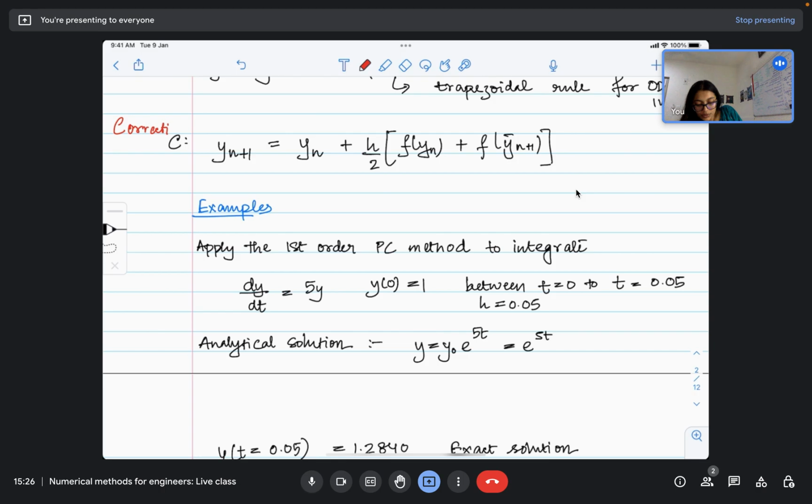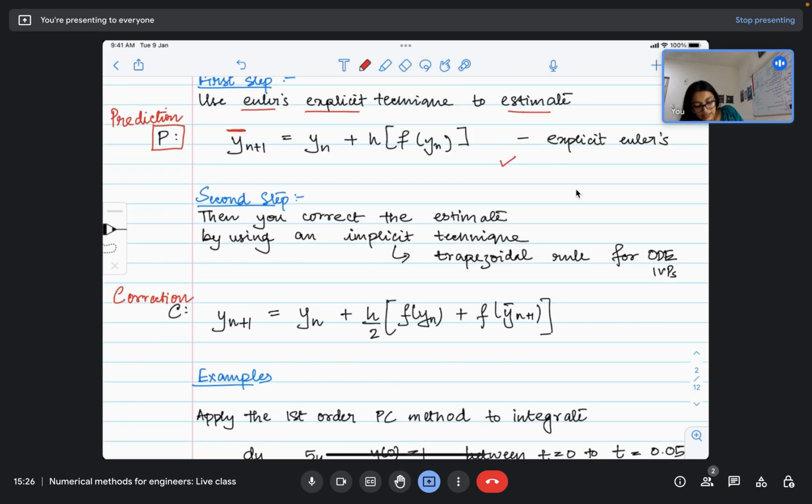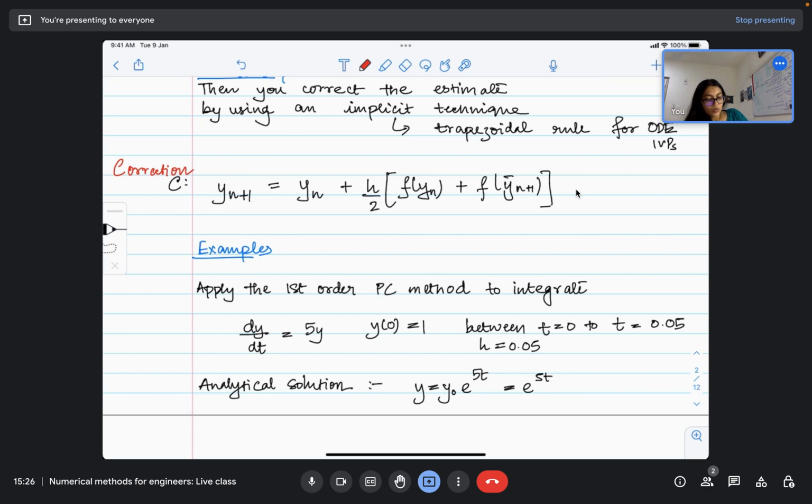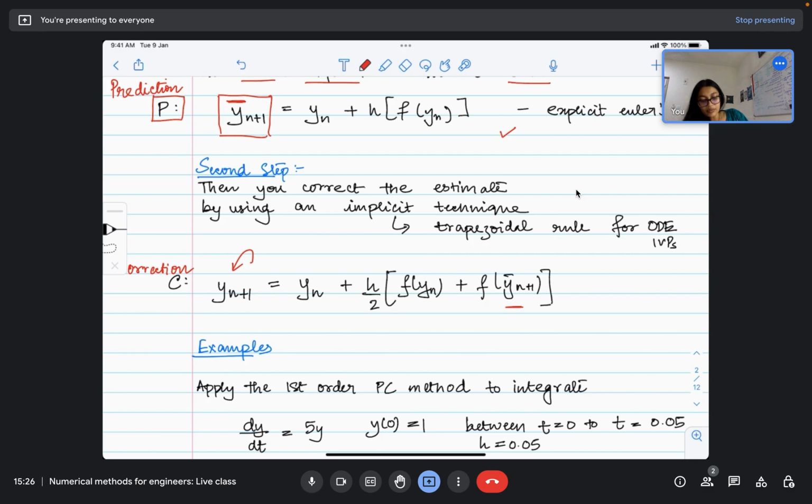And what we do in this step is that the value that we had obtained from prediction, that is yn plus 1 bar, we use this value and we again compute a value of yn plus 1. But why do we state it as the corrected value? Because we are using the predicted value of yn plus 1 in order to get closer to the actual yn plus 1.